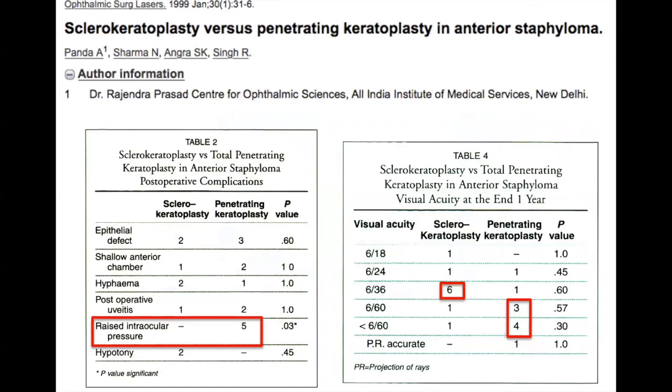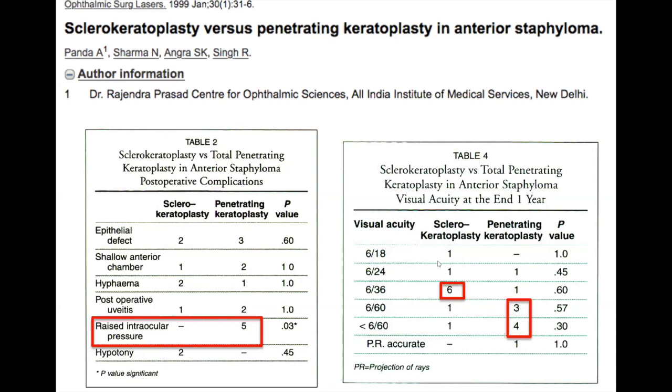So this is a paper that compared surgical outcomes of sclerokeratoplasty versus penetrating keratoplasty in patients with anterior staphyloma. They looked at about 20 eyes. 10 eyes had sclerokeratoplasty, another 10 had penetrating keratoplasty. Here you can see the table on the left. None of the patients in the sclerokeratoplasty group had elevated intraocular pressure, and about 50%, 5 out of 10 patients in the PK group, had elevated IOP.